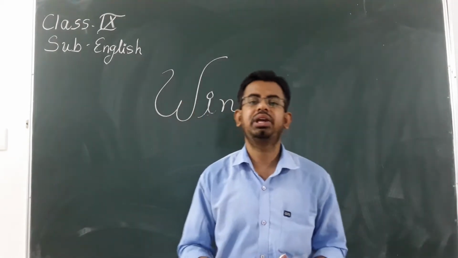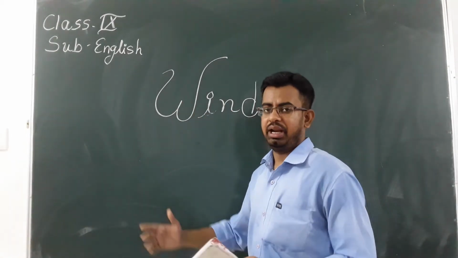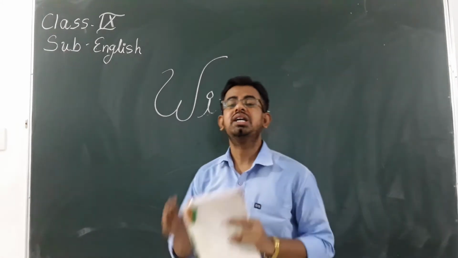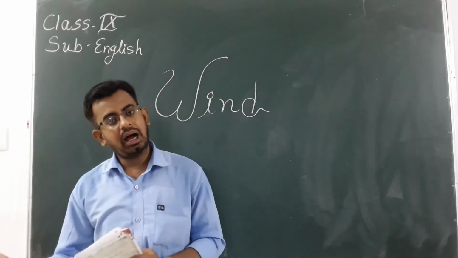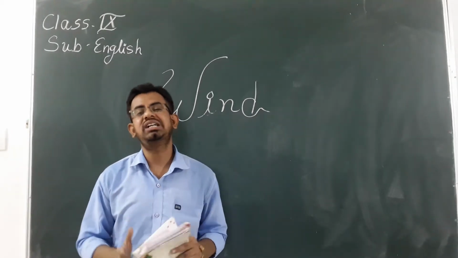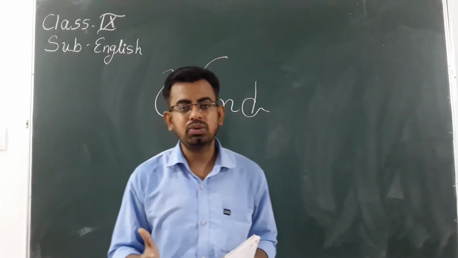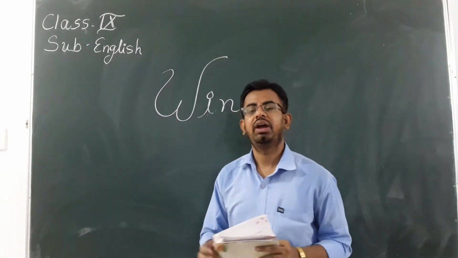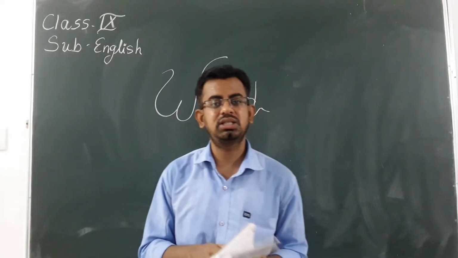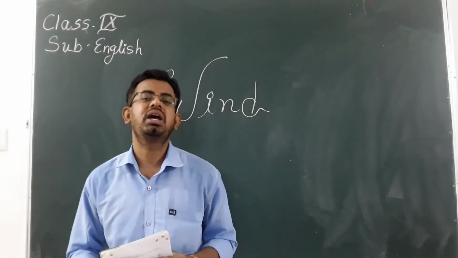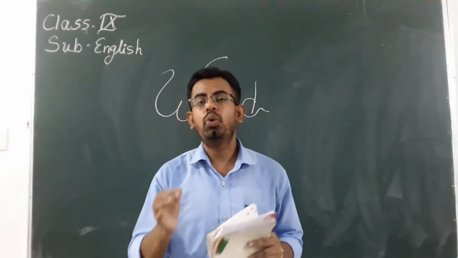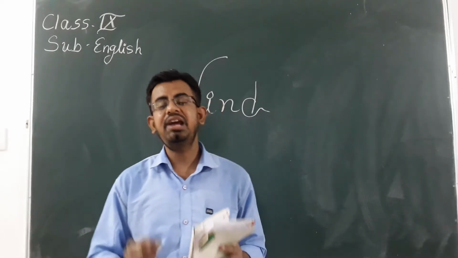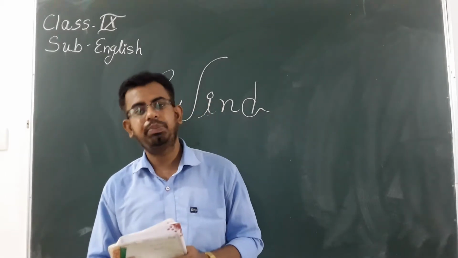So in the next 3 lines, the poet is comparing wind to a notorious young man who had caused much destruction in your house, in your life. It tore the pages, it scattered the books, and the poet is saying that wind is one such person who is expert in making fun of weak people.